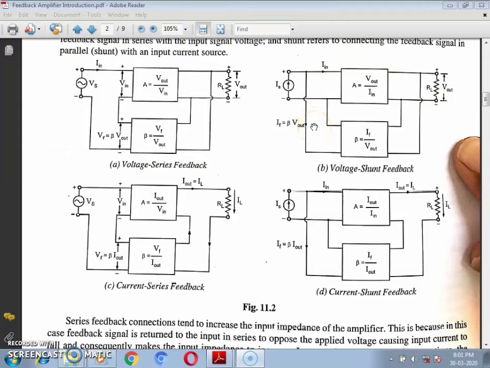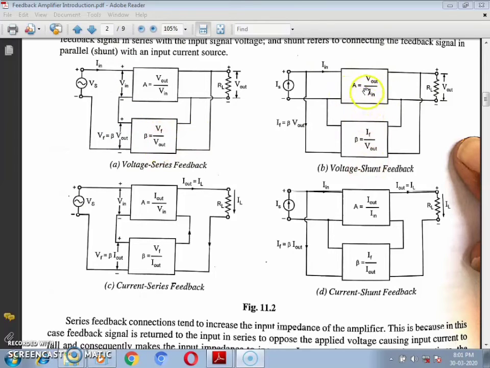So this is the more important part. For a voltage series feedback, the gain of the basic amplifier is Vout divided by Vin, and the feedback network gain is K or beta, Vf divided by Vout.